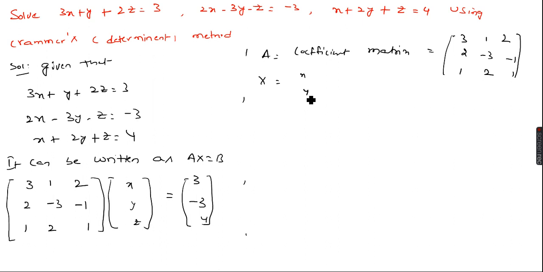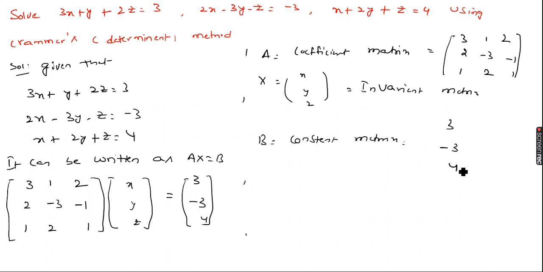And X is the variable matrix, that is x, y, z. And capital B is the constant matrix, that is 3, minus 3, 4.